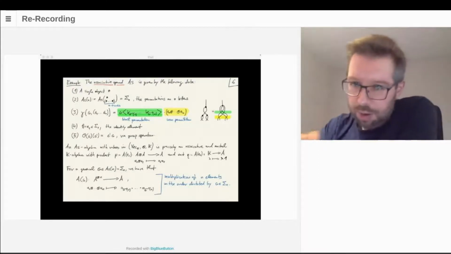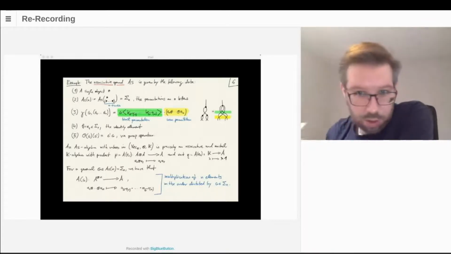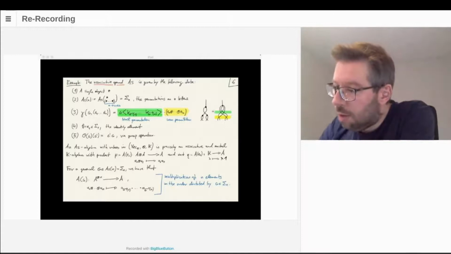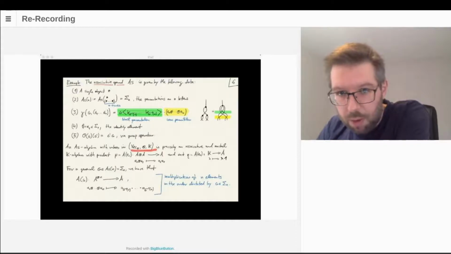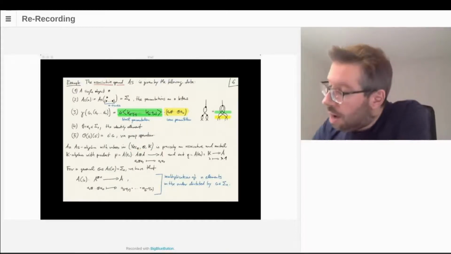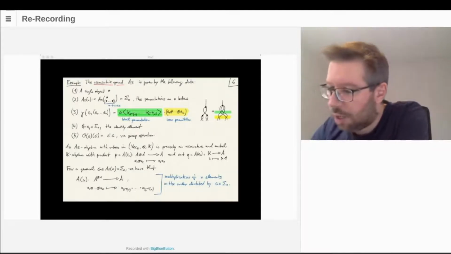Now, what are algebras over this associative operad, and what a surprise, these are the ordinary associative unital algebras. So let's look at algebras with values in the symmetric monoidal category of vector spaces over the field K. When you work out the definition I gave you before, you see that these are precisely associative and unital algebras.